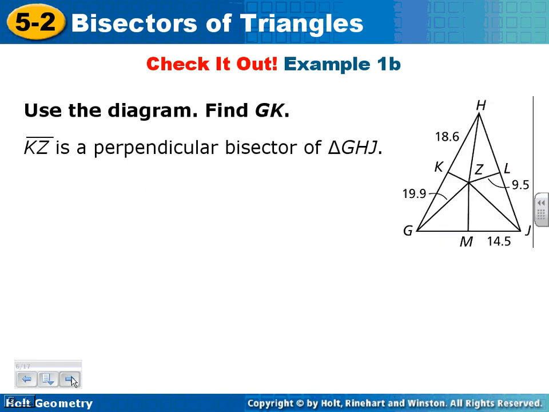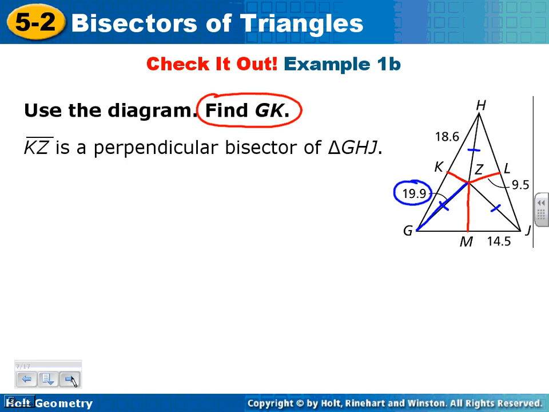Look at the next example. This time find GK. And it says KZ is a perpendicular bisector. Let's highlight all my perpendicular bisectors. KZ is this one in red. LZ and MZ. There's my three perpendicular bisectors, which means the distances to the vertices are congruent. Well, notice that from G to Z is 19.9.